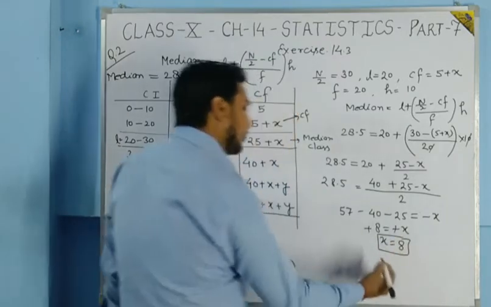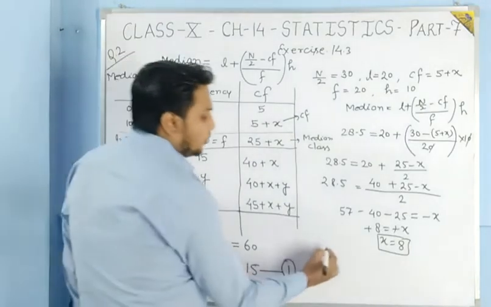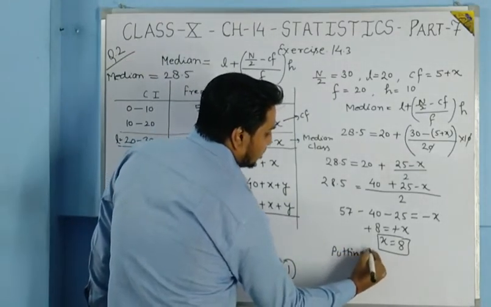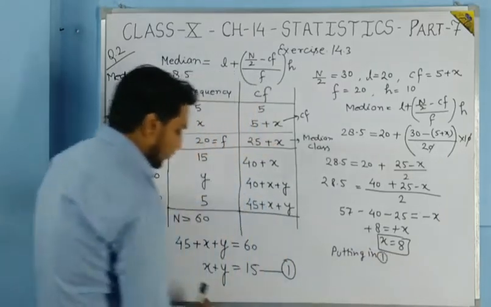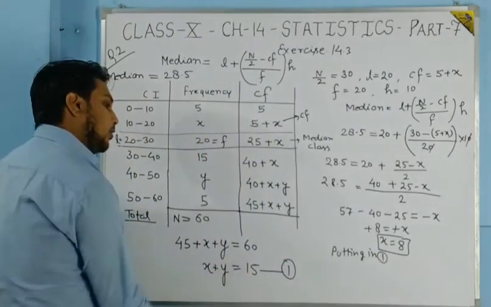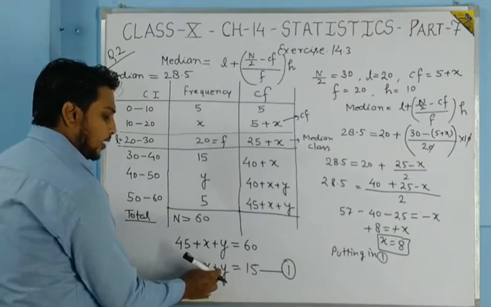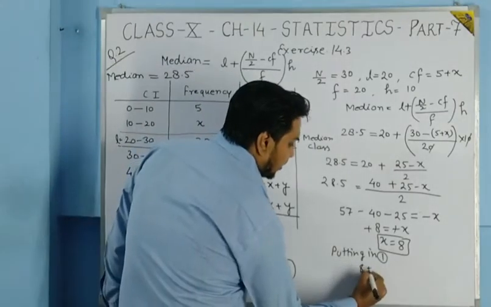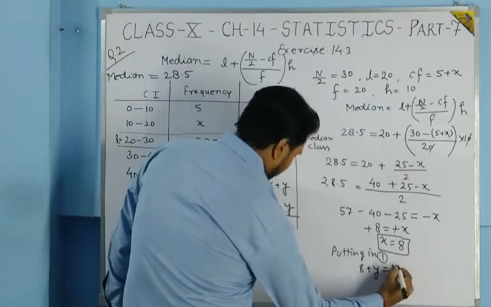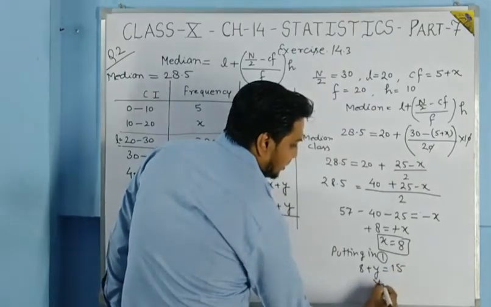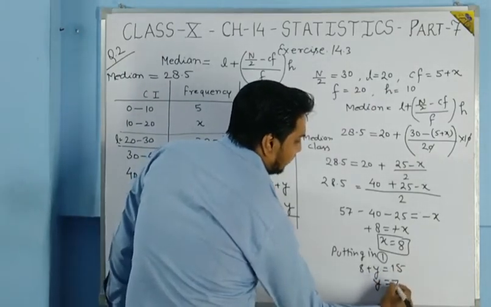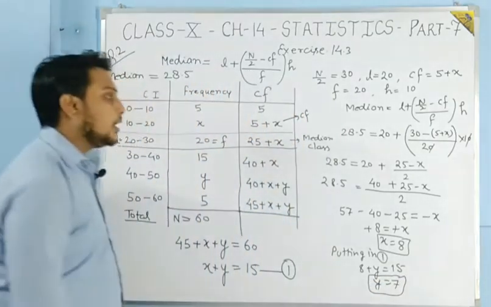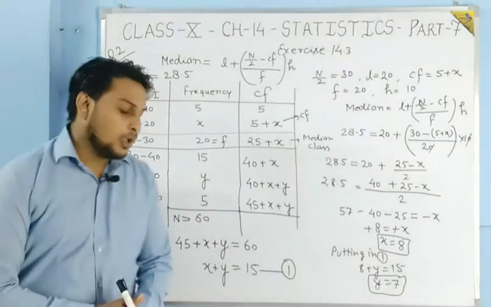And students, if x is equal to 8, you can put the value in the first equation. x plus y is equal to 15, x is 8, so when you shift it, it will be 8 plus y is equal to 15, or you can say y is equal to 7. So x is 8 and y is equal to 7.